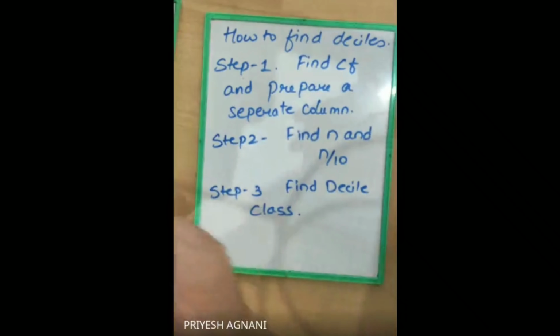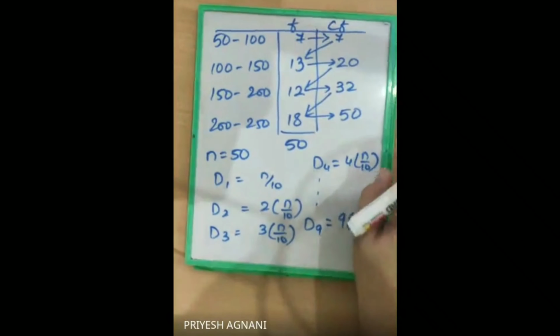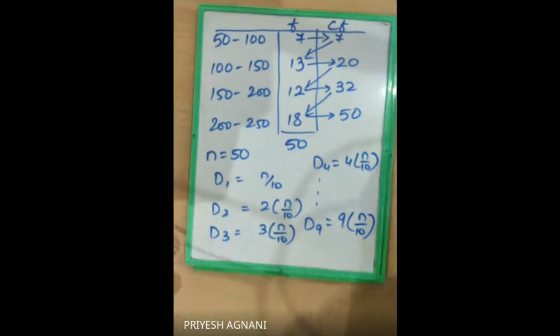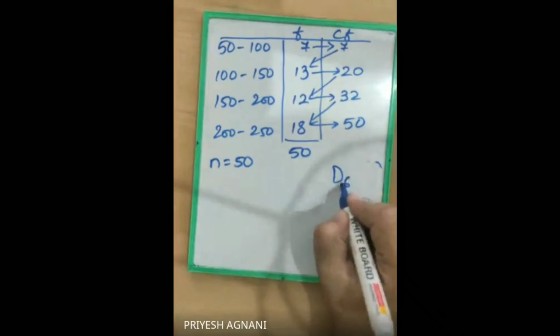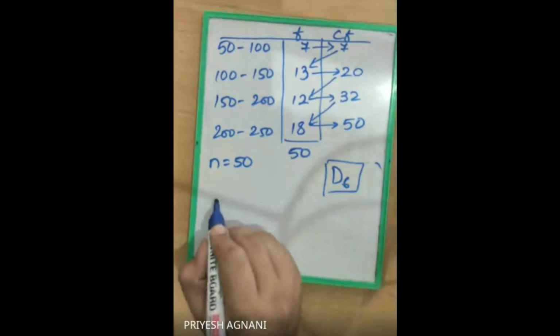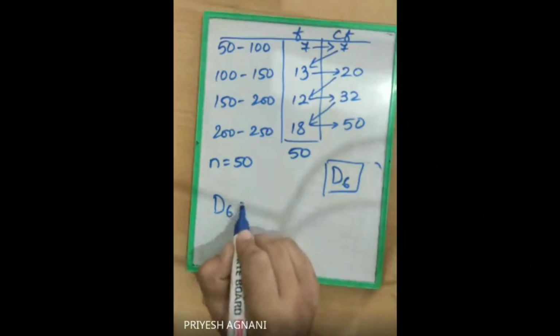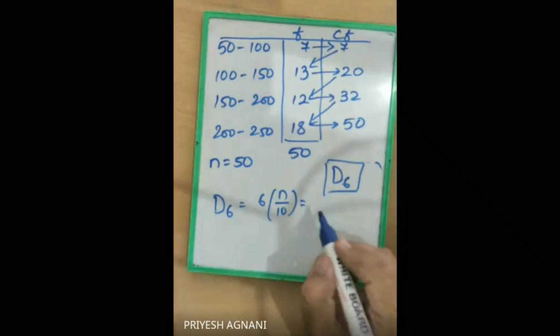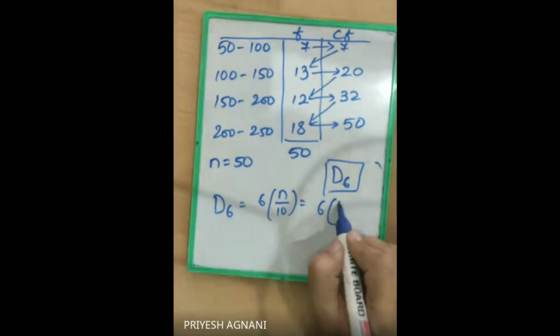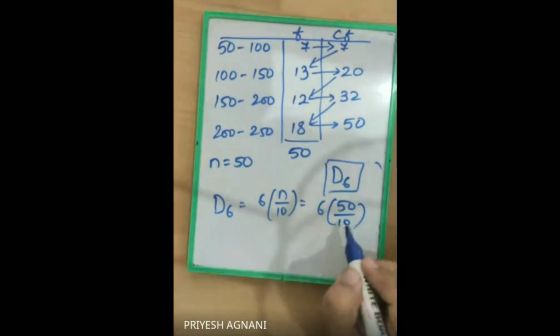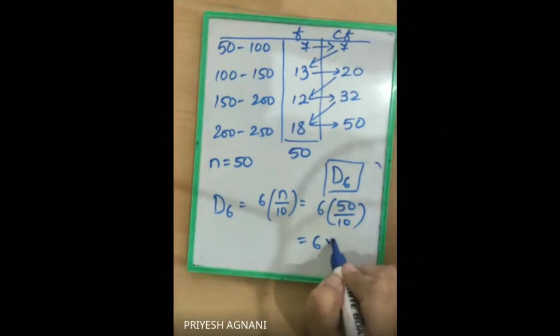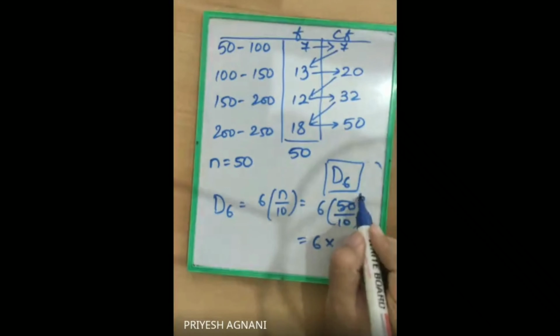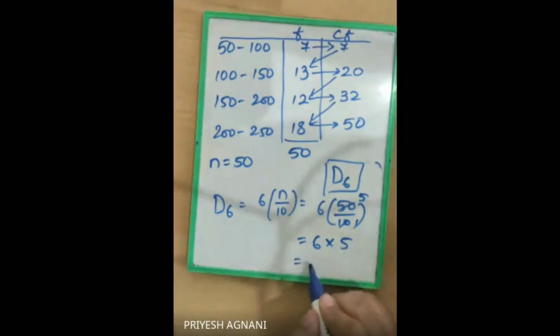For example, you have been asked that you have to find D6. So for D6 you have to find 6 multiplied by n upon 10. That is 6 multiplied by 50 upon 10. 6 into 5 is 30. So this will be 30.